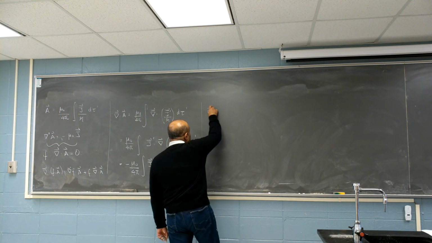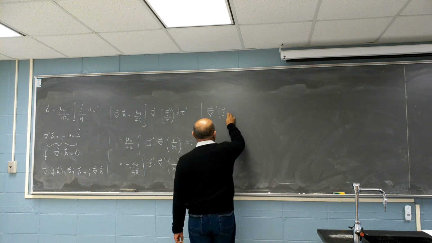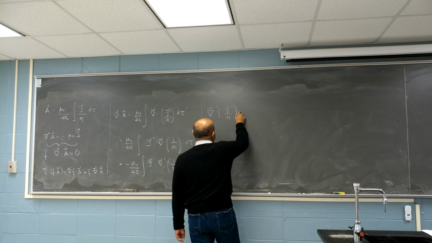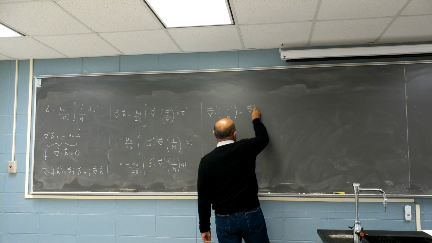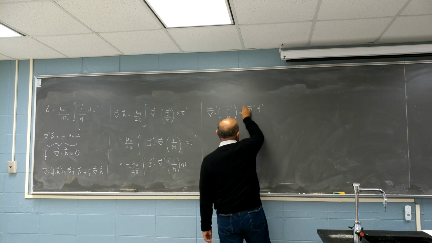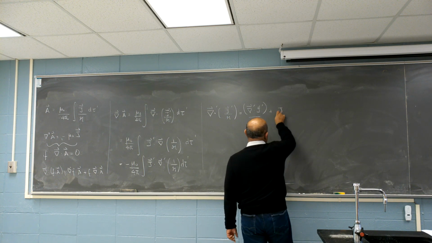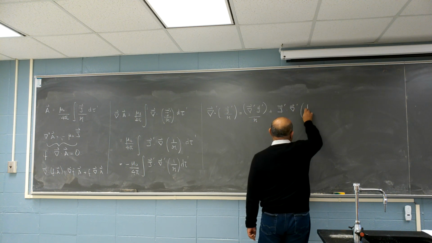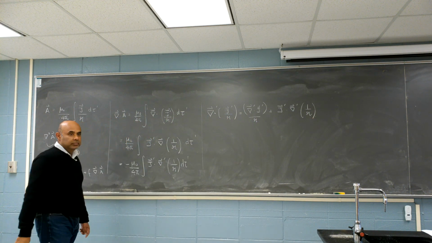Recall the divergence of J over this is equal to the divergence of J. It seems like a totally unnecessary substitution, but it's what will enable us, yeah?